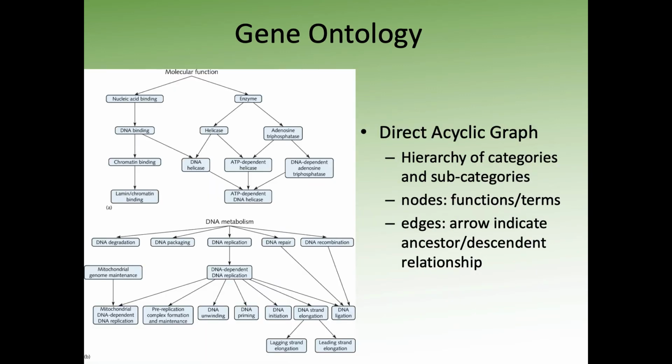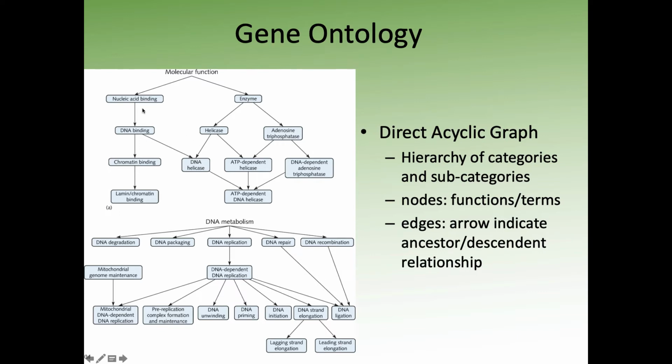The way that gene ontologies work is that they're structured as directed acyclic graphs. And over here on the left, you can see an example of a molecular function directed acyclic graph and a biological process directed acyclic graph from the gene ontology.